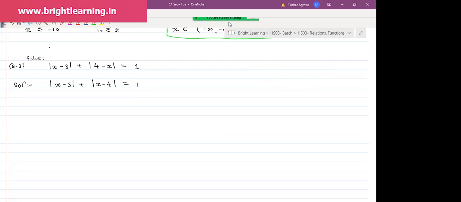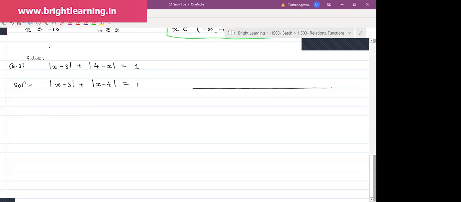Now for this, the critical points: in x minus 3 modulus there is one critical point, x equals 3, and another critical point, x equals 4. What is the meaning of critical points?